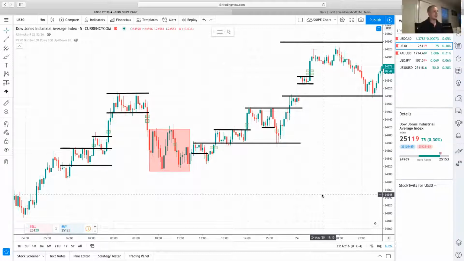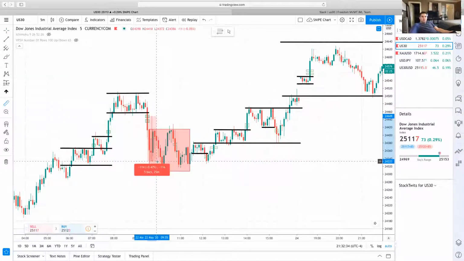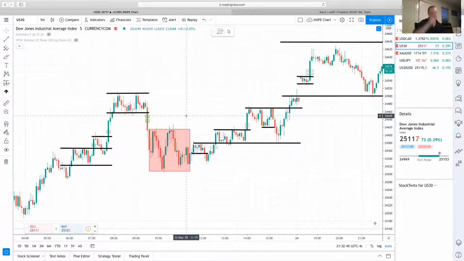So that's why I'm really trying to learn this now, so maybe I can capture some of these 100 pip, 130 pip moves that happen in 40 minutes, not even, sometimes faster. Hell yeah. And even if you got in right here, I don't know where the wick stops, probably somewhere there. But anyway, 80 pips. I probably took 20.